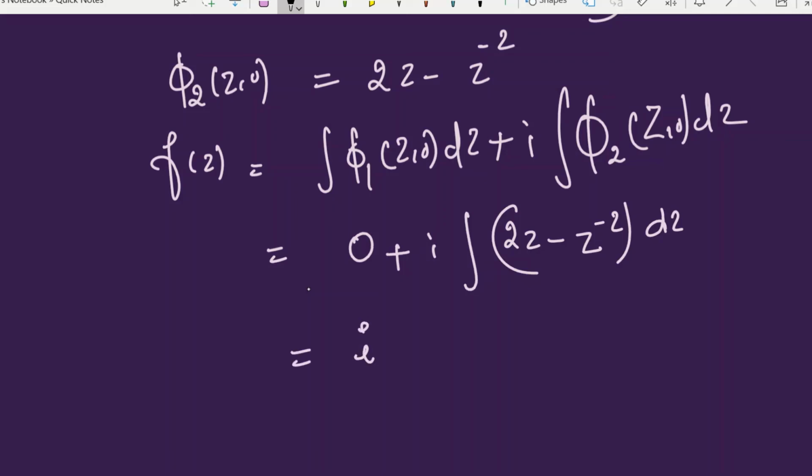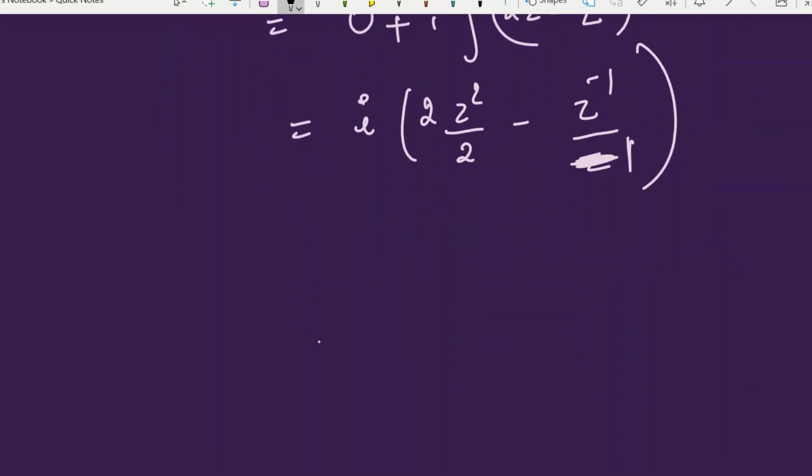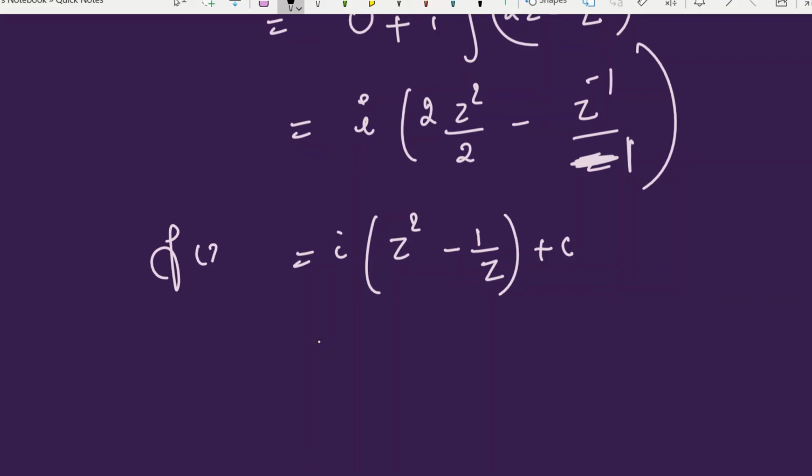So just integrate this, 2z square by 2 minus z power minus 1 by minus 1. i z square minus 1 by z plus c. This is my f of z.